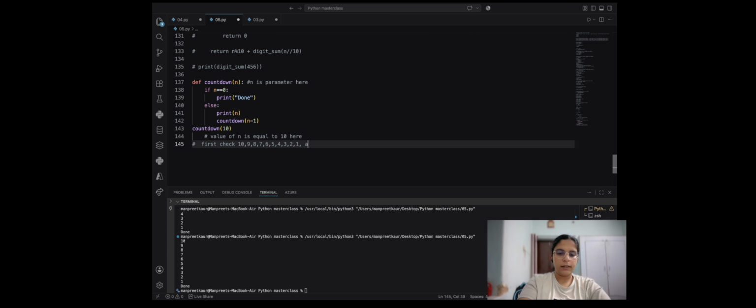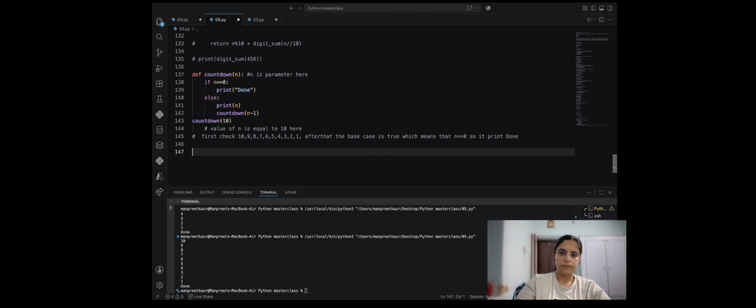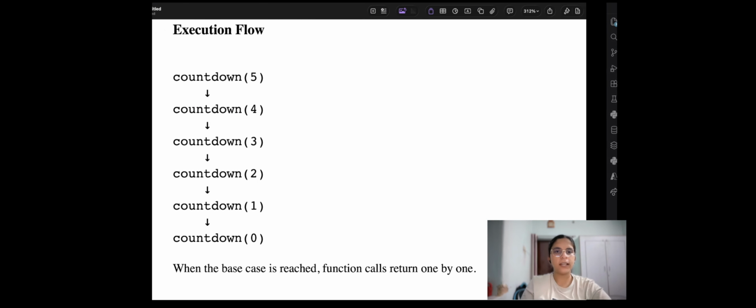After that, the base case is true, which means that n is equal to 0. So it prints done. Yes, I hope that's clear to you guys.